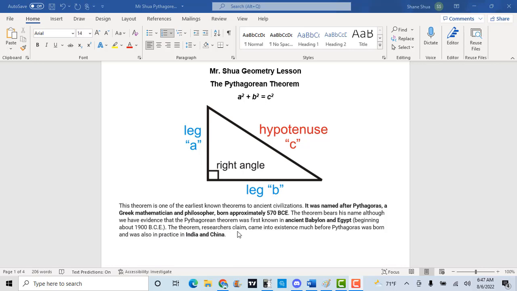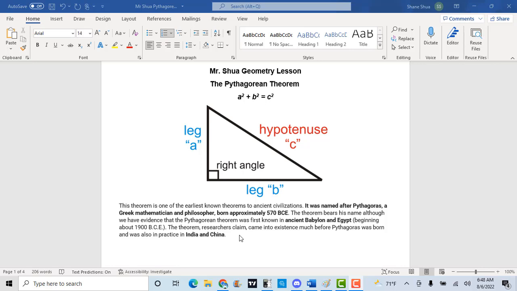And the theorem, researchers claim, came into existence much before Pythagoras was born and was also in practice in India and China. So even though this Pythagorean theorem has the name of a Greek philosopher and mathematician born in 570, ancient cultures were using this theorem over 1,000 years before he was even born.